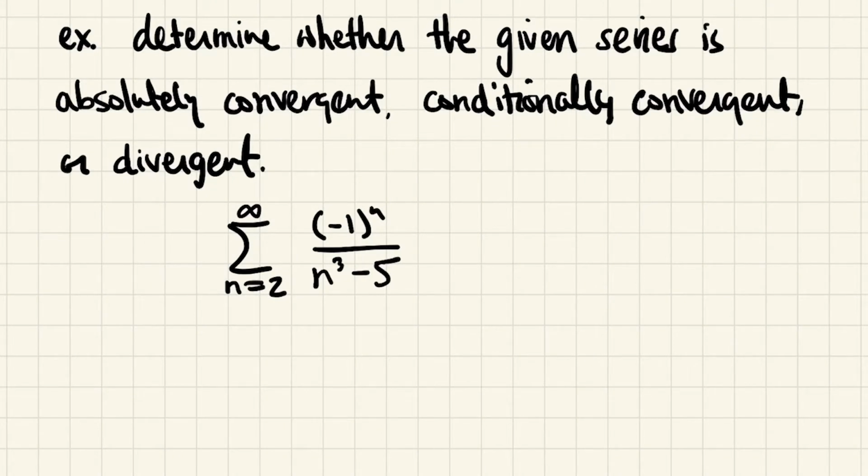Okay, so we're going to determine whether this particular series is absolutely convergent, conditionally convergent, or divergent. So the approach to answering this question depends on making a very good educated guess about the answer.